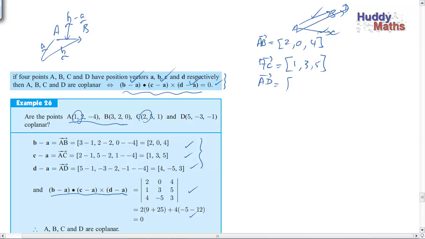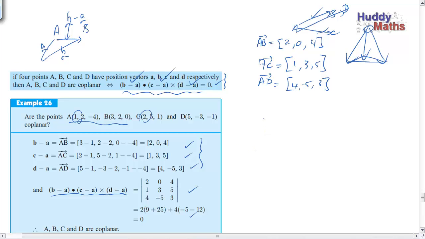So AD is 4, neg 5, 3. And you could use any one. You could start at DB, DC, DA. Any 3 defining vectors. Just thinking in your mind here about what's happening. So start at any point, and the 3 defining vectors are those coming from that point out to the other 3 vertices, or possible vertices.